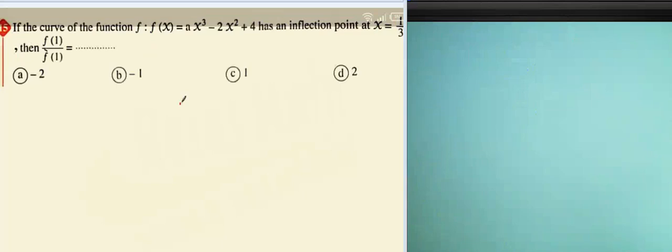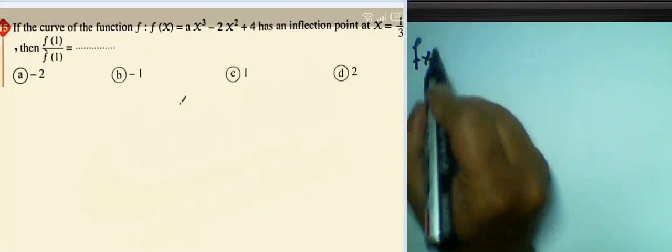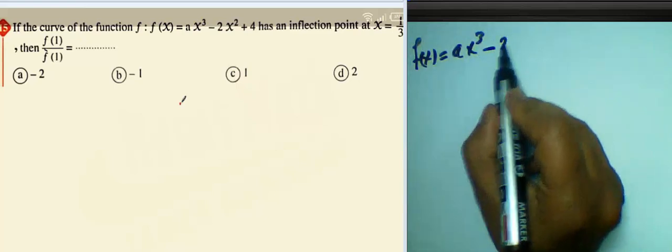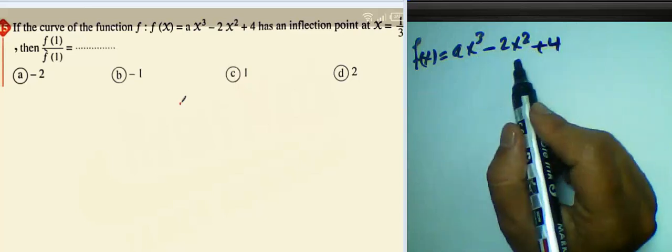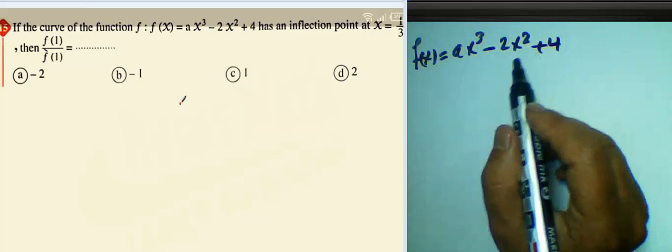Question 15. If the curve of the function f of x equals ax power 3 minus 2x power 2 plus 4 has an inflection at x equals a third, find f of 1 over f dash of 1.